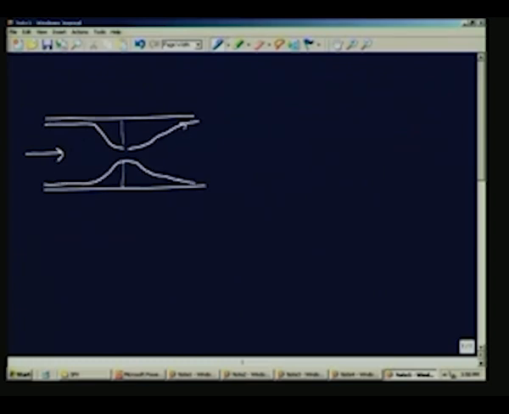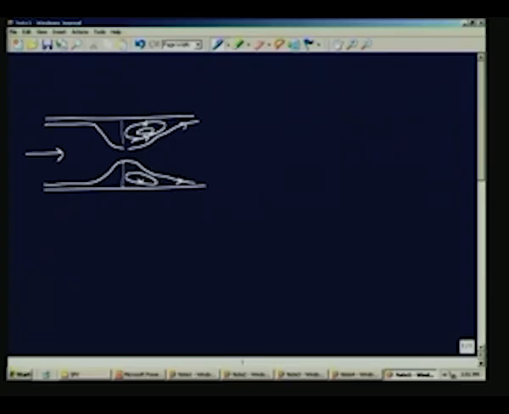If I take a flow in an orifice plate, I will just indicate the orifice by a small hole here. The flow is taking place from this side. The flow is going to come like this and it is going to expand like this, and it forms some kind of a circulation pattern here. And what happens in a circulation pattern?